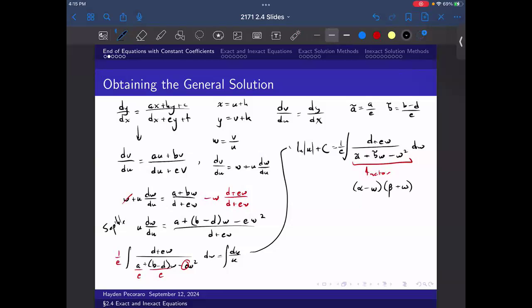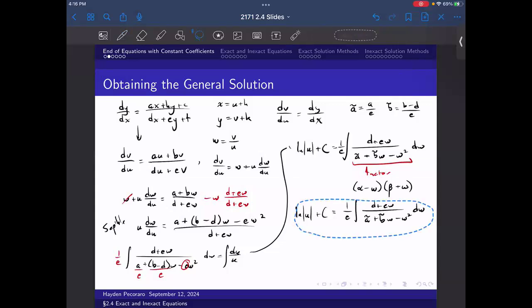And then we can work through with those new parameters and find a solution in terms of them. So we have, finally, log u plus c equals 1 over e times the integral of d plus e w over a tilde plus b tilde w minus w squared dw. Okay, so that's what we'll carry with us to the next page.